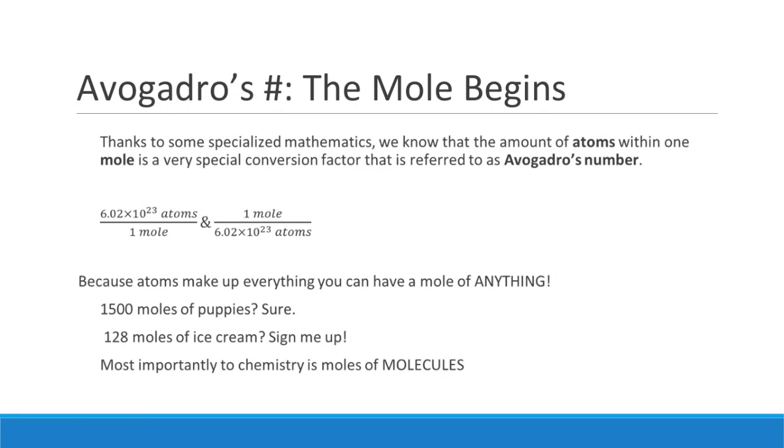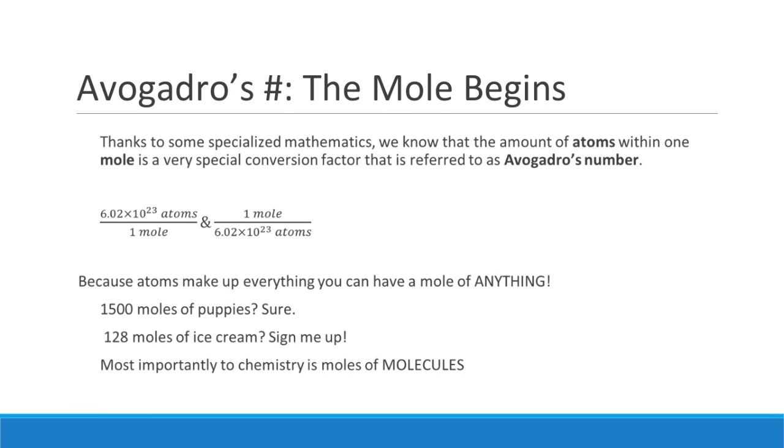Thanks to someone very smart, far more chemistry and mathematically inclined than me, it was figured out that within a certain amount of a thing called a mole, that's a very funny name, a mole, like a little mole, but not, they defined this measurement of a mole as a certain amount of atoms. And this atom amount is defined as 6.02 times 10 to the 23 atoms.